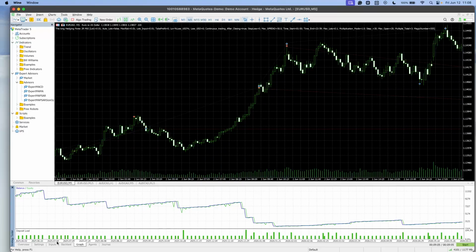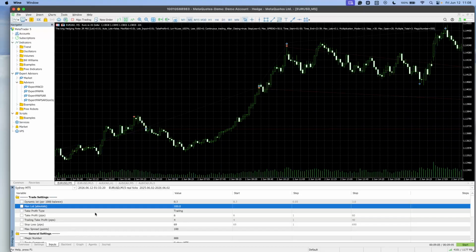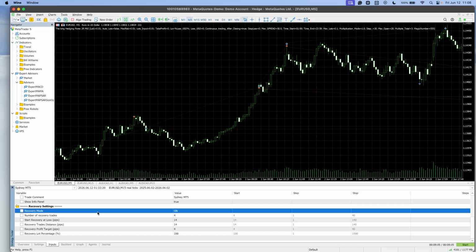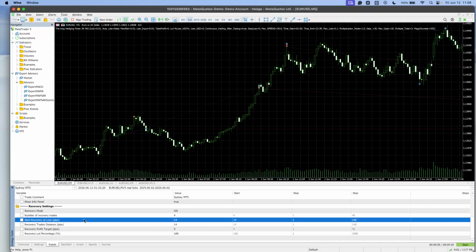The feature that mattered is the recovery mode, which triggered but couldn't save it, and it's based on their defaults. I used the default settings for this backtest as it came from the developer. But if you still want to use this expert advisor, you have to send a private message to the developer to send you set files that suit your trading style and your risk appetite to be able to trade efficiently with it.